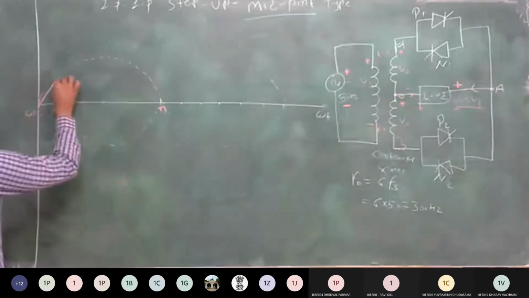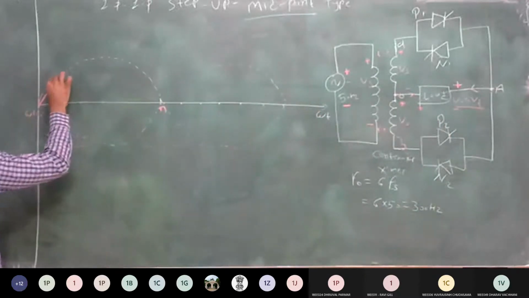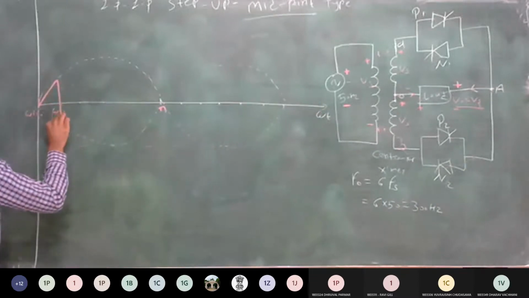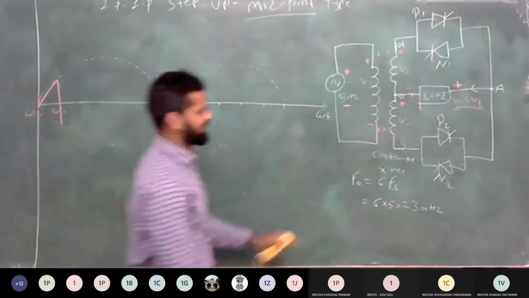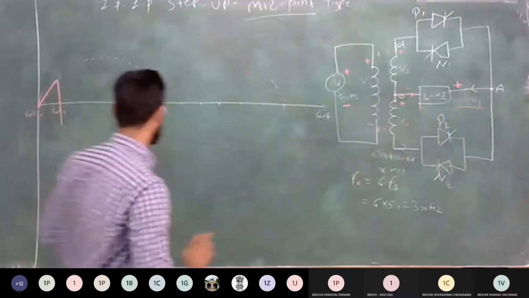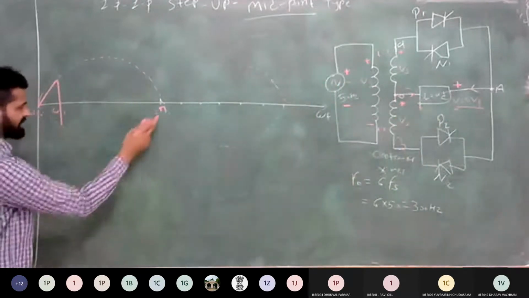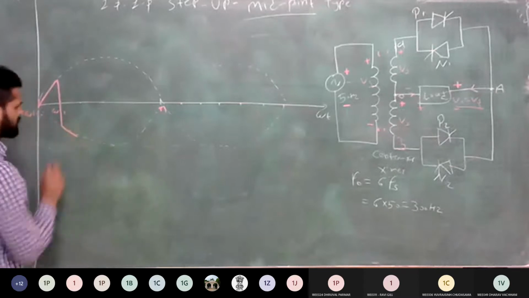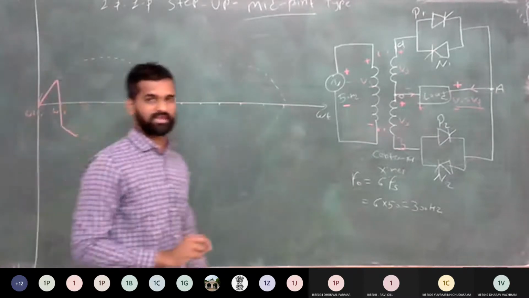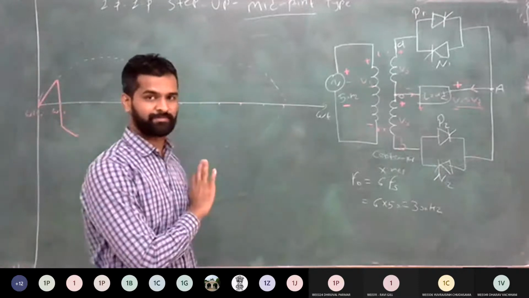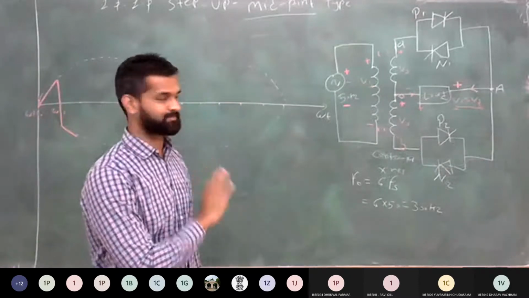So you can see that after omega t1, when you turn on this N2 thyristor, your output voltage follows the same envelope of supply voltage, but it is negative. Clear? So that's why here I draw the negative envelope of the supply, because when N2 is conducting, it follows the negative cycle of the supply. Clear? All of you clear up to this point? Is there a doubt? Yes, sir.